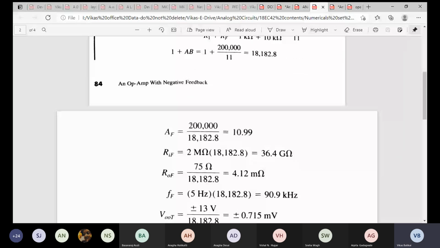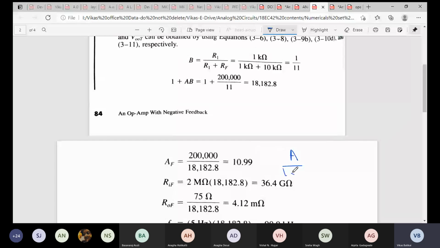So what he has used, he has substituted 2 lakh divided by 18,182.8. So what is the formula you think he might have used? He has used A divided by 1 plus A beta. So this is the formula he has used, 1 plus A beta, which we already figured out. A value has been given, and if I do that, AF will be 10.99.